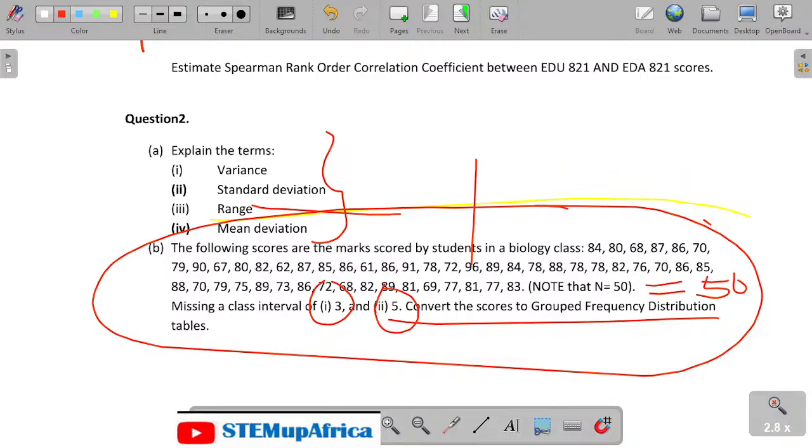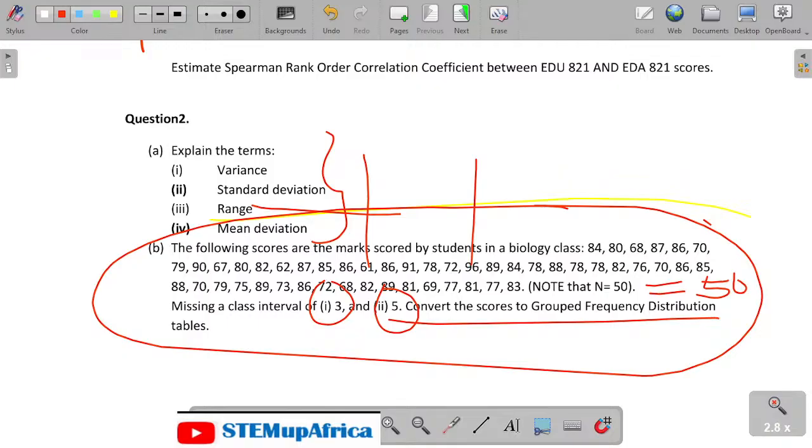Is there anything less than 61? No. I think it's 61. I don't think so. So the highest is 96 and the lowest is 61.